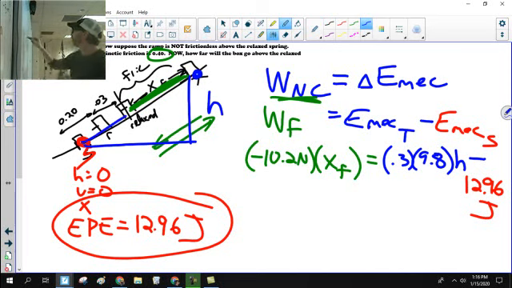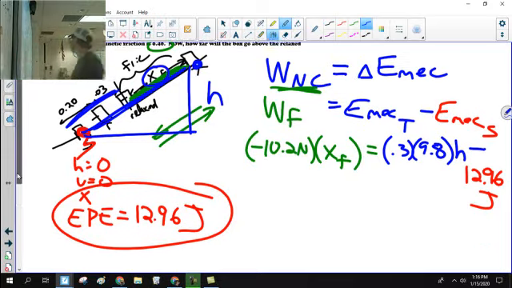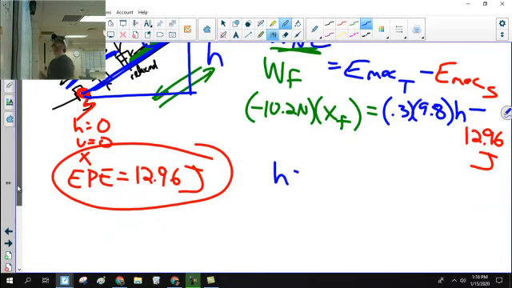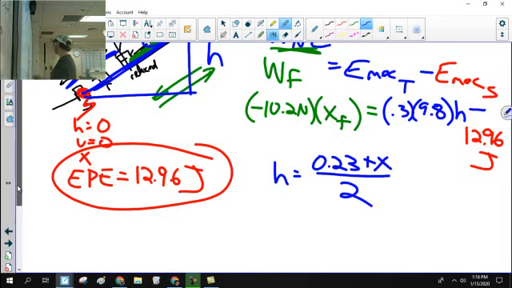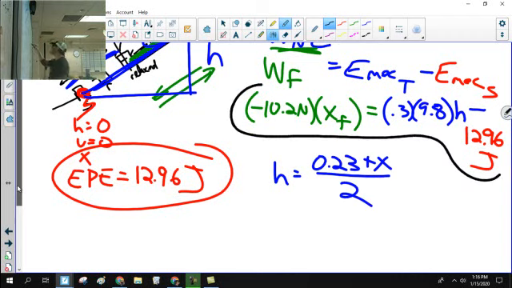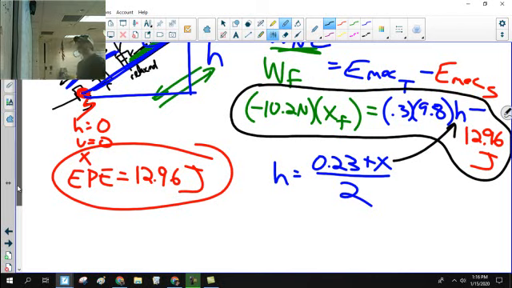So this hypotenuse here is XF plus 0.23, right? So I think then that H should just be 0.23. That's how far we squashed the spring, right? Plus XF all over 2, right? So if I take this equation and substitute this in for H, then I can just solve and I'm done.